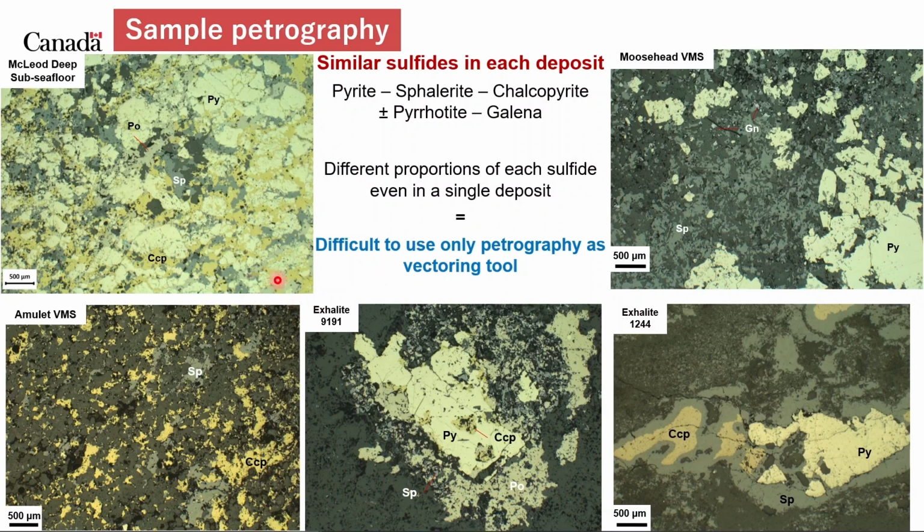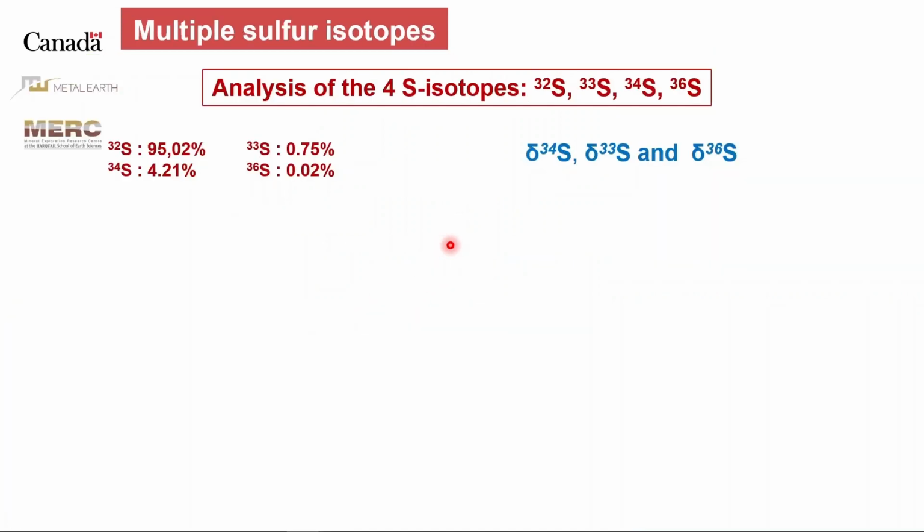Even in a single deposit, you can have different enrichment in sphalerite or chalcopyrite, etc. So it's kind of difficult to just use petrography as a vector to know if there is an influence of the seawater. That's why we did sulfur isotopes, so multiple sulfur isotopes.